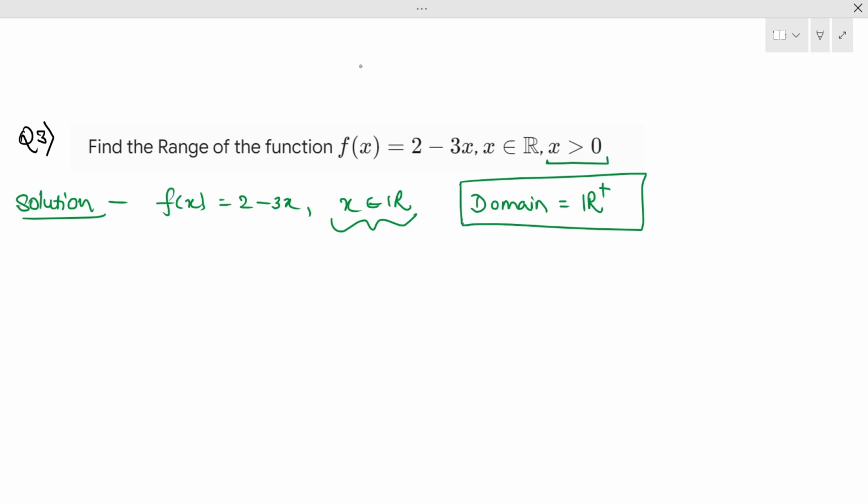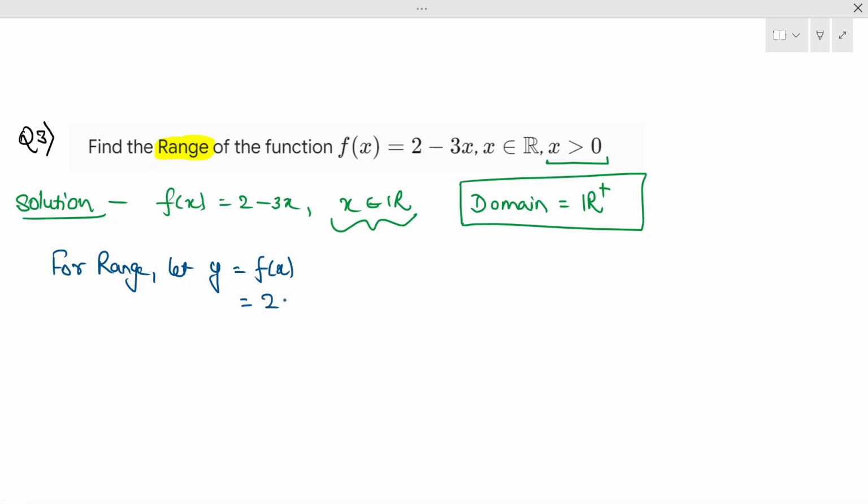But here they are asking us the range of the function. So how to find the range? Let's check. For range, let y equal f(x), which is equal to 2 minus 3x.